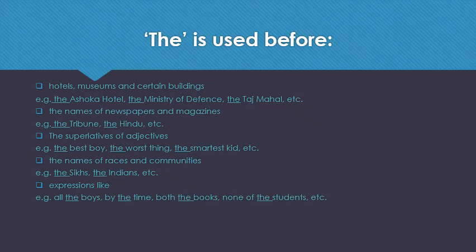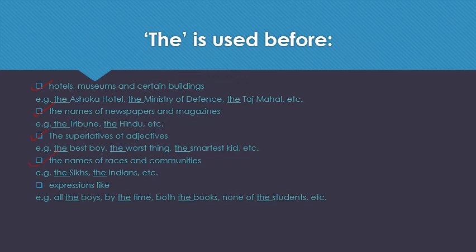Now this is clear: hotels, museums, certain buildings, names of newspapers, superlative degrees. See, there are three degrees in adjectives: positive, comparative, and superlative, like tall, taller, tallest. So with superlative degree, we always use the definite article.